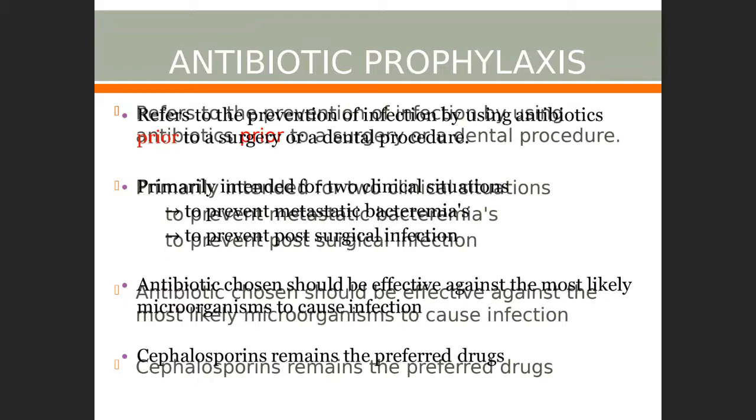These antibiotics are prescribed for prophylaxis to prevent any major infection. They are basically used to prevent any post-surgical infection or to prevent metastasis of the bacteremias. In such conditions, antibiotic prophylaxis is prescribed.